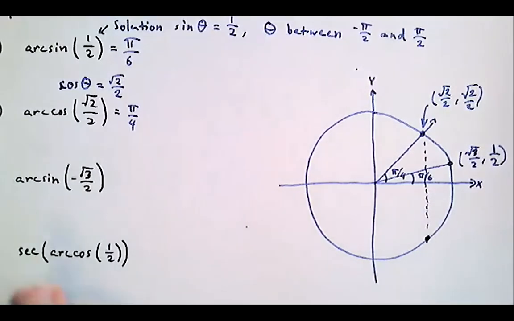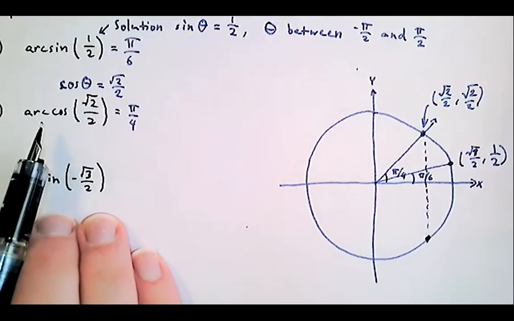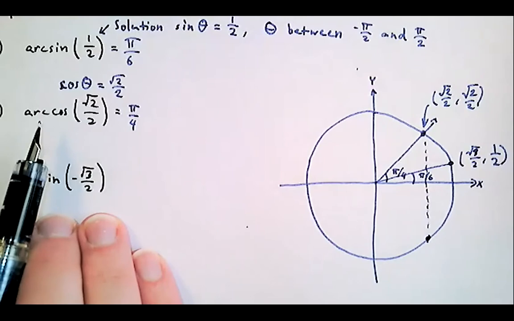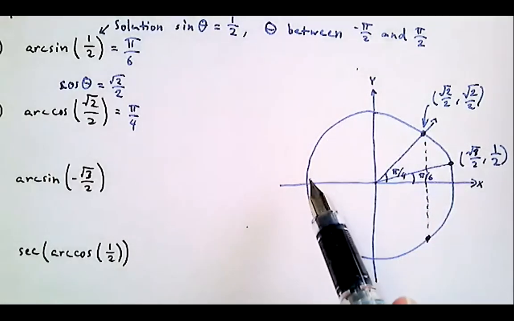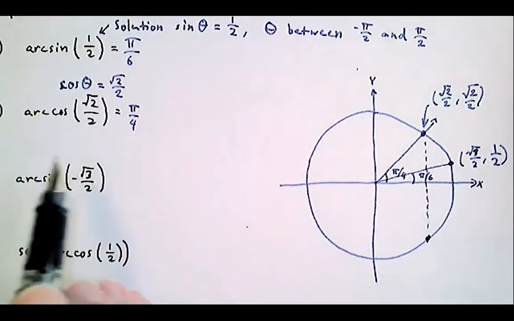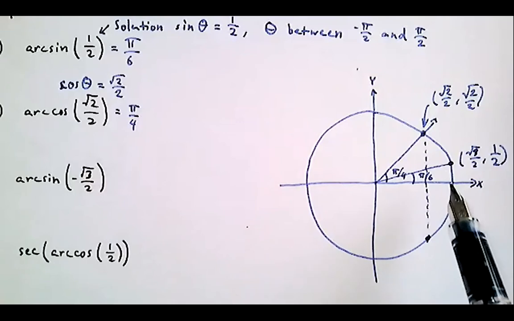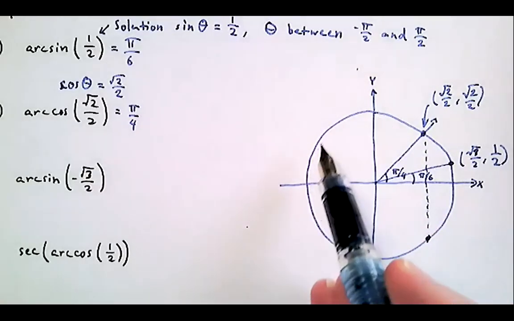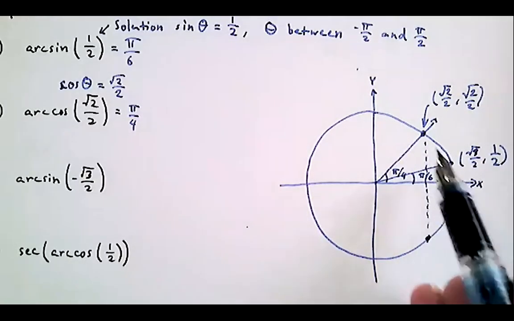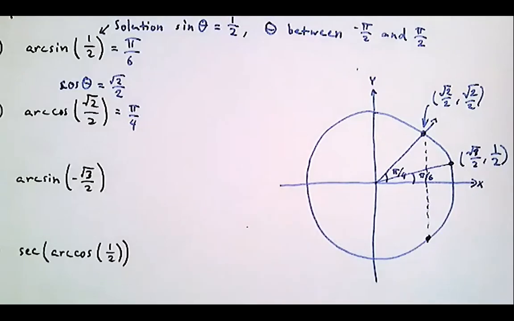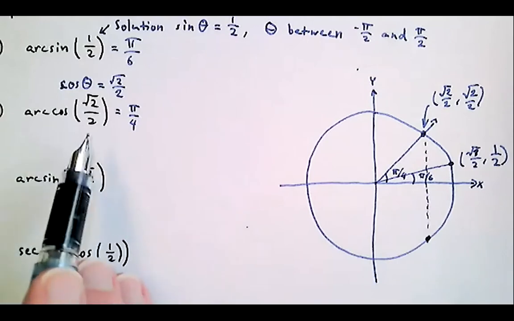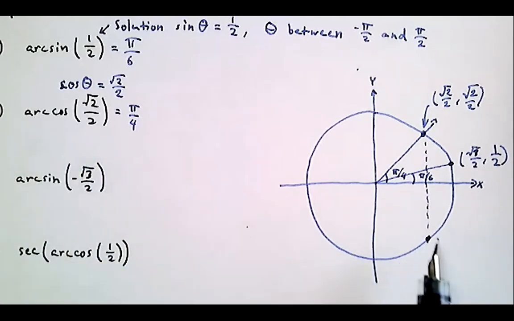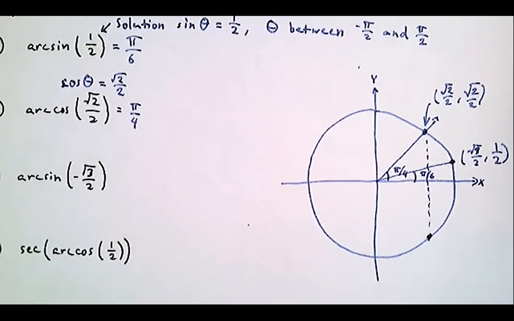But for arc cosine, the values that can come out, the range values of arc cosine, are between 0 and pi. So whenever you give an answer for arc cosine, it always needs to be on the upper half of the circle, from 0 to the left at pi. So this will never be a solution or an output from arc cosine.